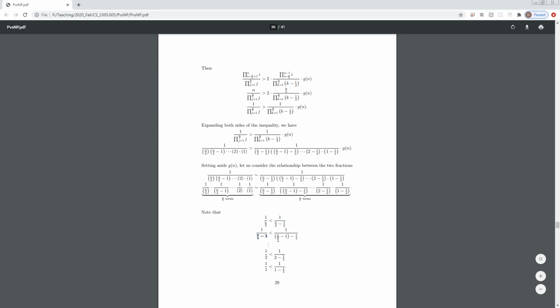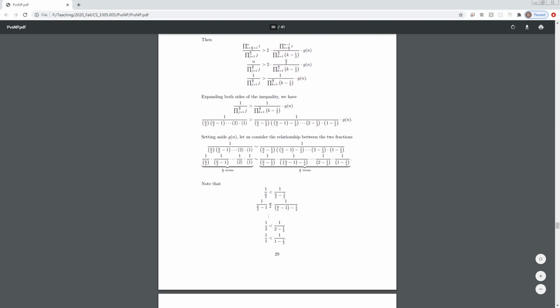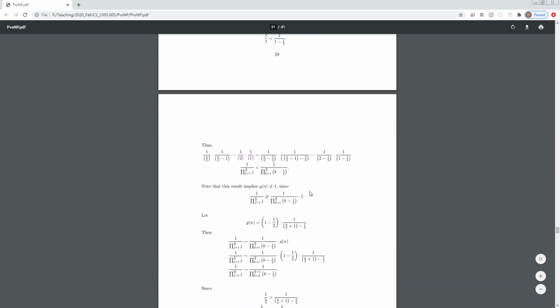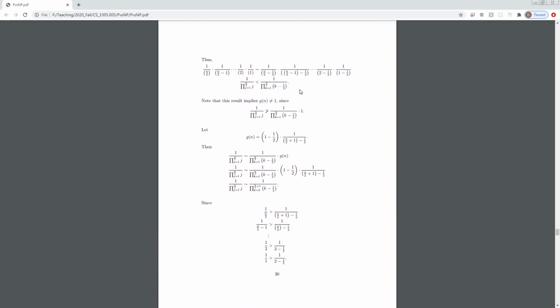This one is again 1/2 smaller, or the denominator over here is again 1/2 smaller than what's over here. So it swells it just a little bit. And so we can see that it's close, but term by term, the left-hand side is just smaller than what's going on the right-hand side. So we don't have the relationship we want, but it's really close to giving us what we need.